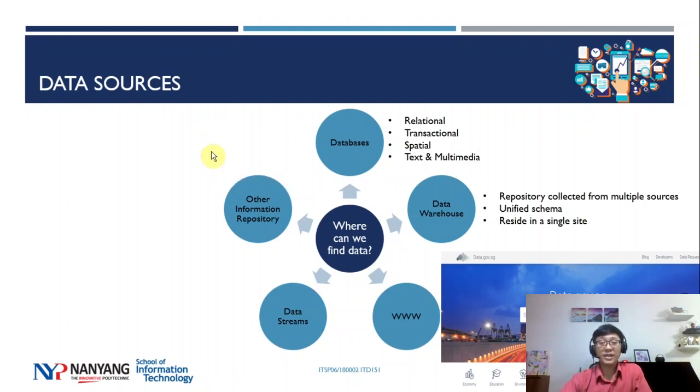Another big source of data where you can source is actually the internet. The internet itself contains a lot of data, and these data are free. Some data sources you need to pay in order to retrieve, for example news journals.